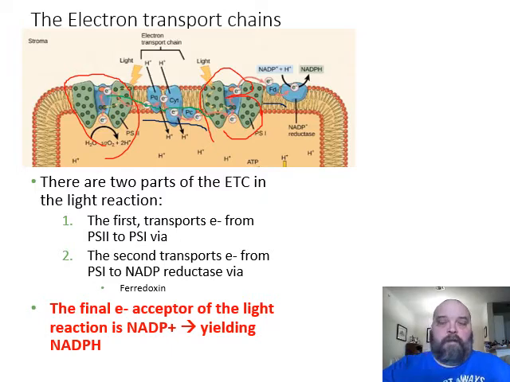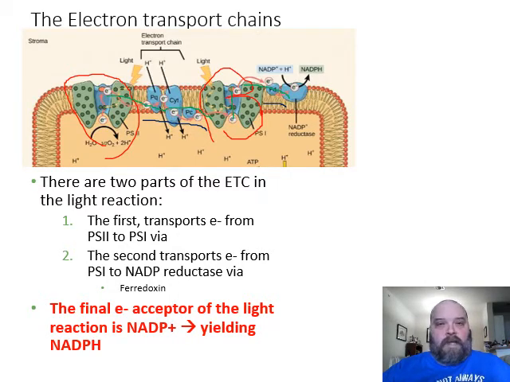photosystem 1. Photosystem 1 also has been hit by photons of energy, which is going to pass that energy onto the electron, which is then going to get bumped up physically as well as in energy. And then it's going to get passed through this abridged electron transport chain, ending at NADP reductase. Remember, P is for plant.